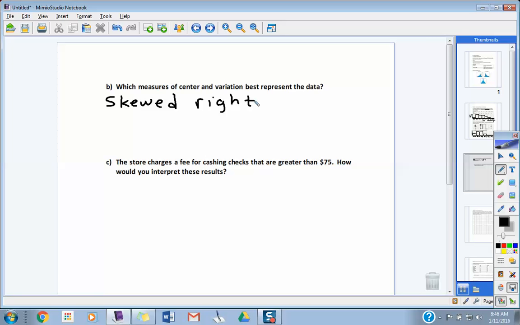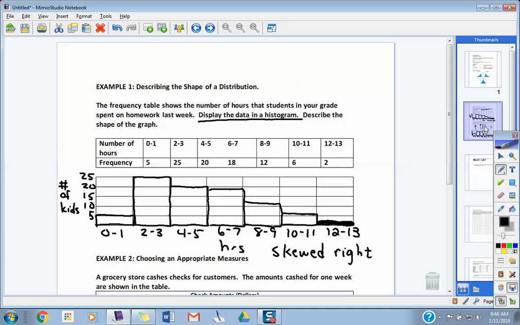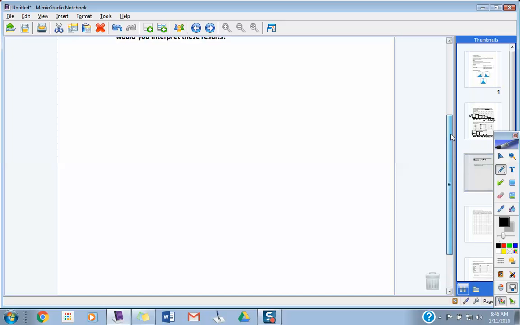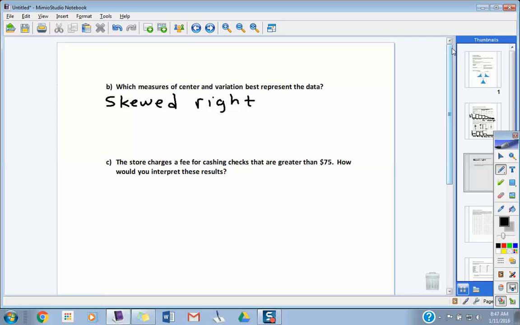Okay. That was part A that we just did, right? Go to the page after this. It says display the data in a histogram using 6 intervals. Go to the page that has this part right here. There's a page that just gets switched around. This one has the big graphs on it.